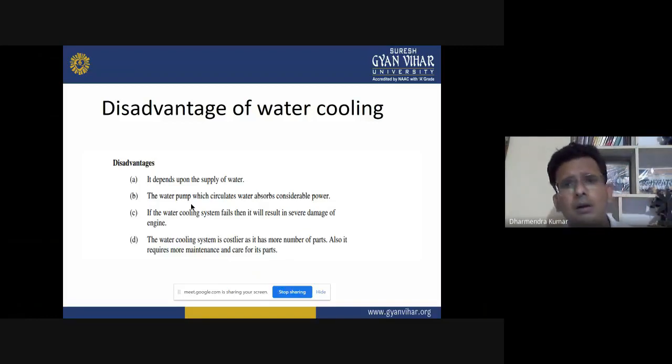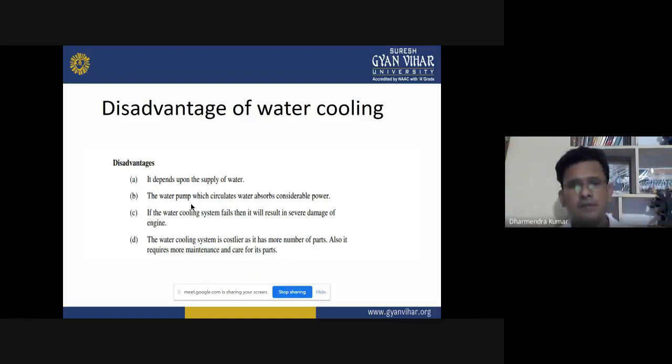The water cooling system represents usage of water for cooling purposes. Similarly, as we have seen, in the air cooling system air is the medium for cooling, and in the water cooling system water is the medium.